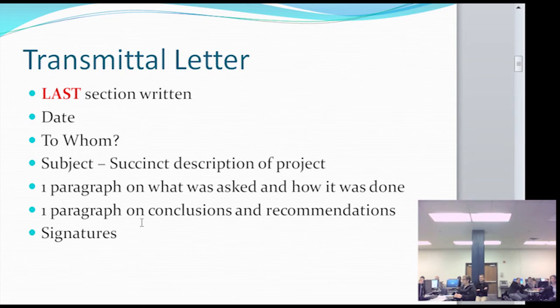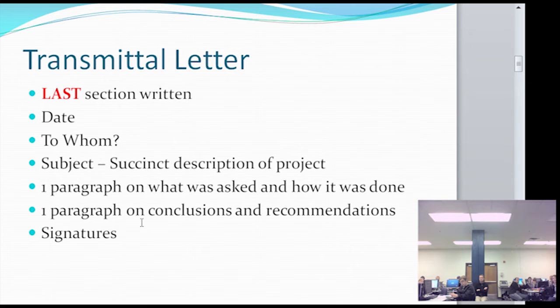Okay, transmittal letter is the last section written of a report. And it's very simple. It's got the date, to whom. In the subject, it's a succinct description of the project. And I don't know who's doing batch distillation, so I'll just use you as a scapegoat. It's not batch distillation for the subject.